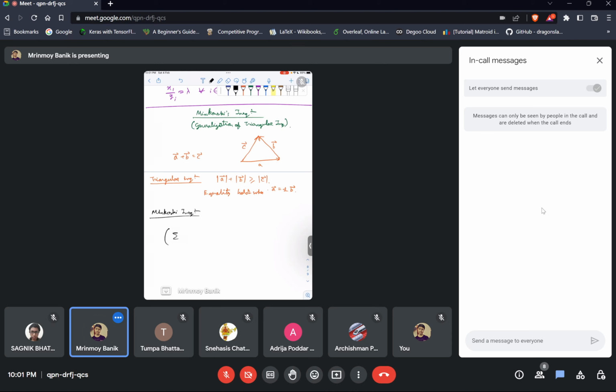So the sum over (ai plus bi) to the power p, whole power 1 by p, is less than or equal to the sum over ai to the power p, whole power 1 by p, plus the sum over bi to the power p, whole power 1 by p. The ai and bi must be positive, mind you, and p has to be greater than 1. Otherwise, these Lp norms actually diverge.